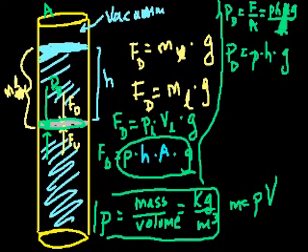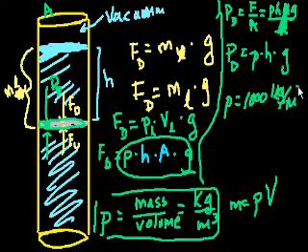If I were on the same planet, and let's say this is water, the density of water, and this is something good to memorize, is 1,000 kilograms per meter cubed. 1,000 kilograms per meter cubed.